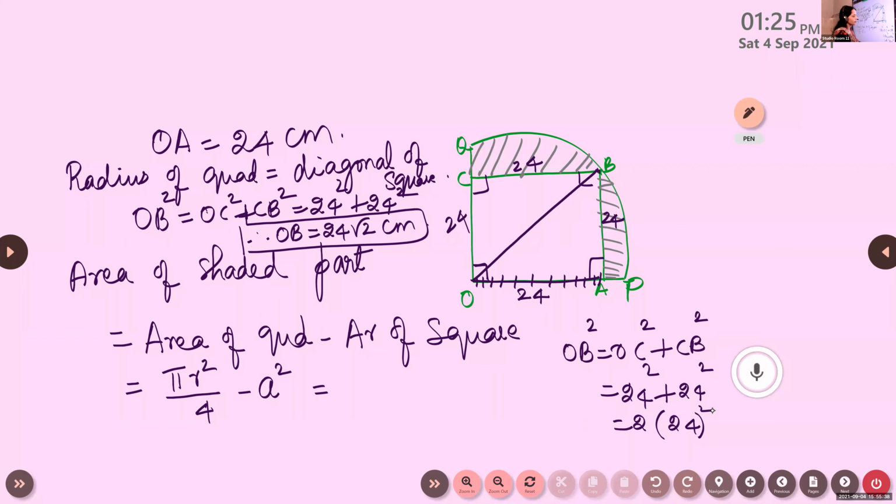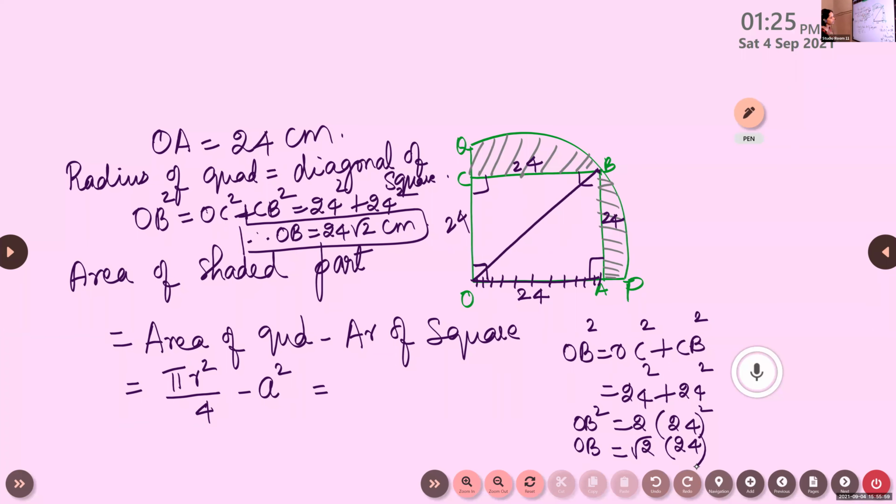Therefore, take the square root: root of 2 is root 2, and root of 24 square is 24. So it will be 24 root 2.